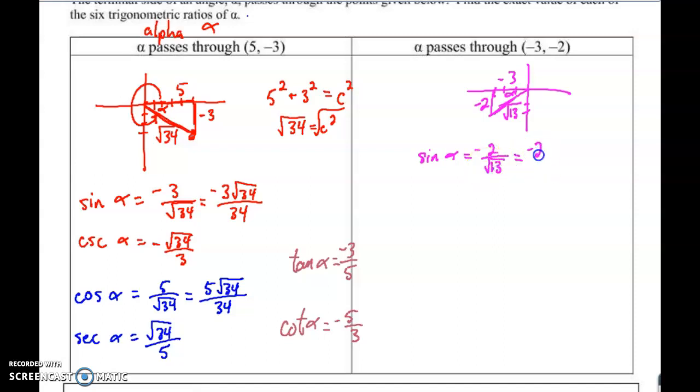Again, some teachers accept that. Other teachers will want you to rationalize. Please let me know if you do not know how to rationalize. I'm just going in order. Cosecant, just flip that, -√13 over 2. So cosine, adjacent, so that would be -3 over √13, or rationalize that.